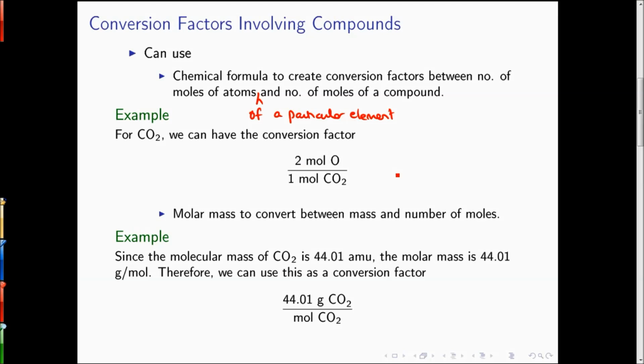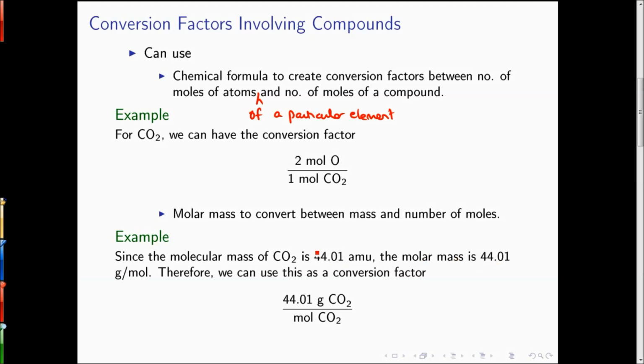We also can use the molar mass, which is based on the molecular mass, to convert between the mass of a sample and the number of moles of a particular compound. So for example, we know that the molecular mass of carbon dioxide is 44.01 AMU.